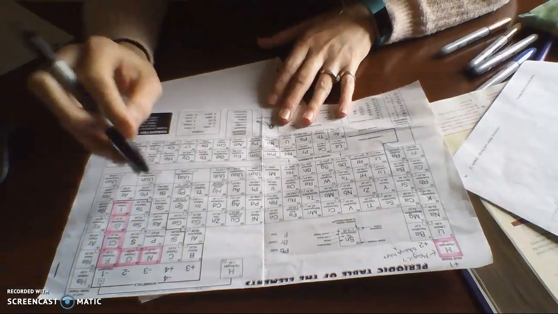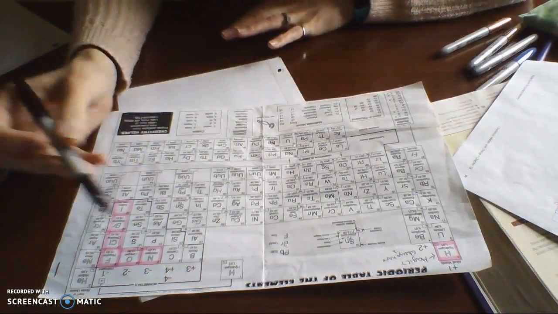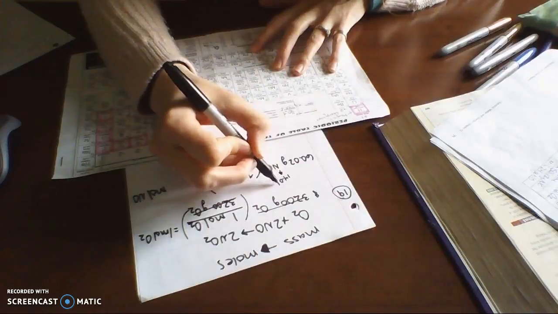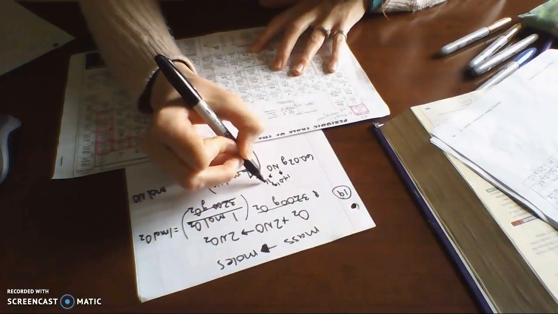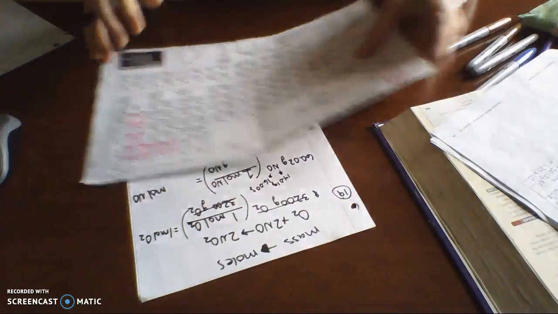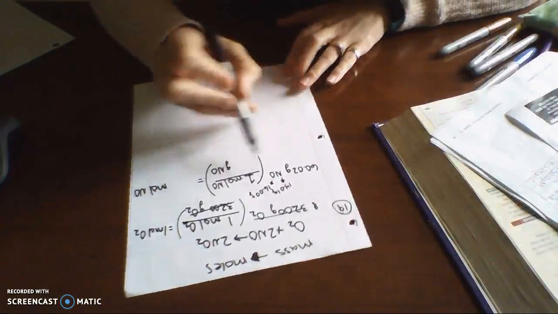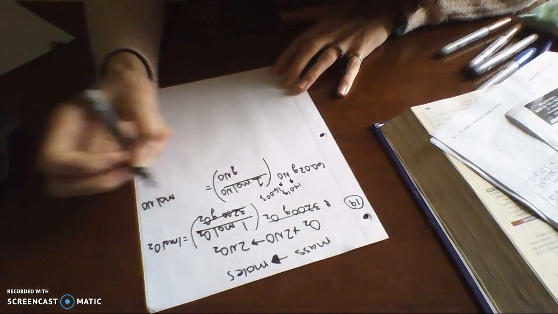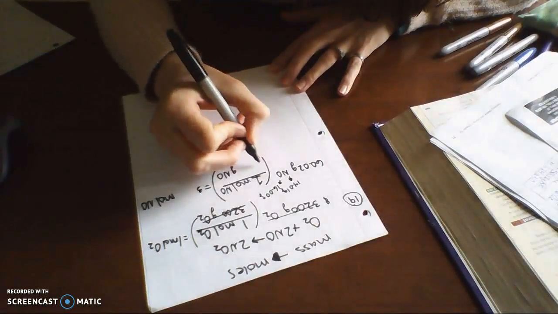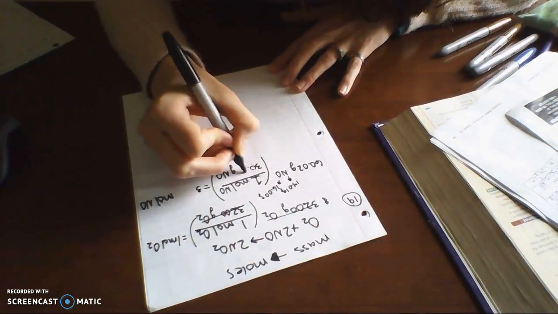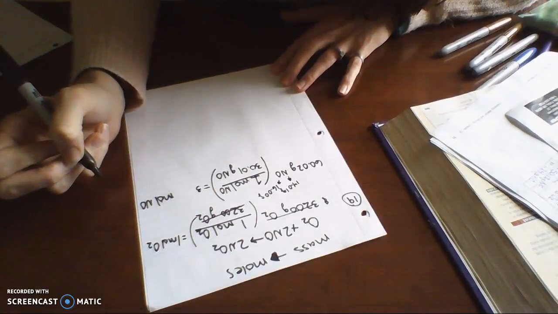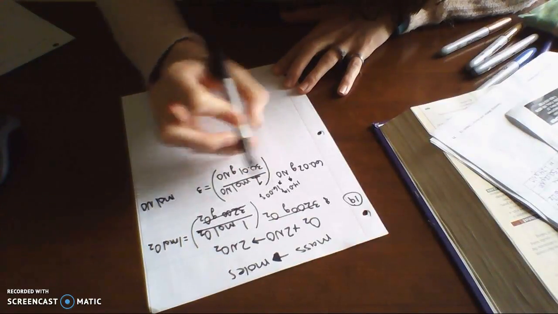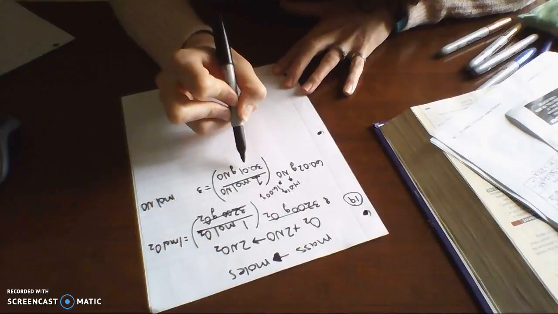So, first of all, we look at nitrogen, which is 14.01 grams. And we remember oxygen from before is 16.00 grams from the periodic table. So what we're going to do is simply take 16 plus 14.01, and we then get 30.01 grams of NO. Alright, so that tells us that 1 mole of NO equals 30.01 grams.